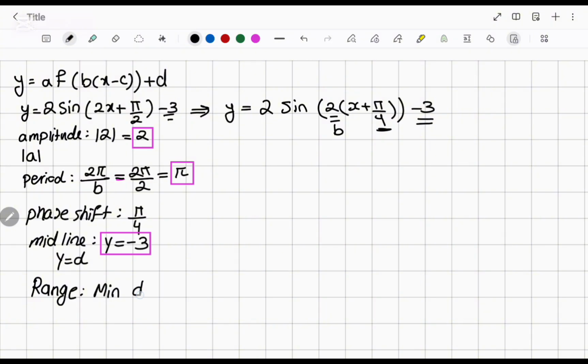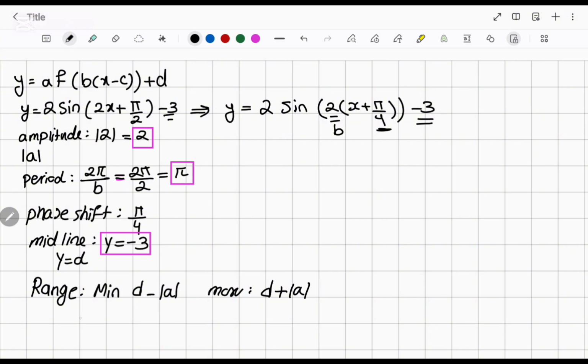The minimum is going to be represented by d minus a, and the maximum is going to be represented by d plus a. So as you see, the range, and how high the graph is going to be on the y-axis, is not just related to a, it's also related to this vertical shift of the graph, upwards or downwards.